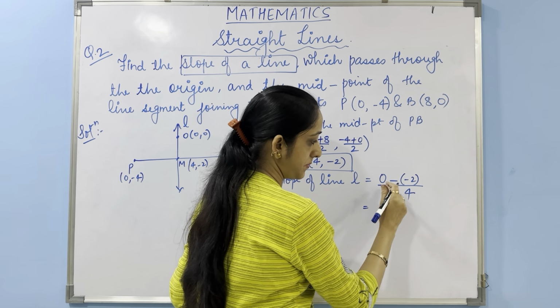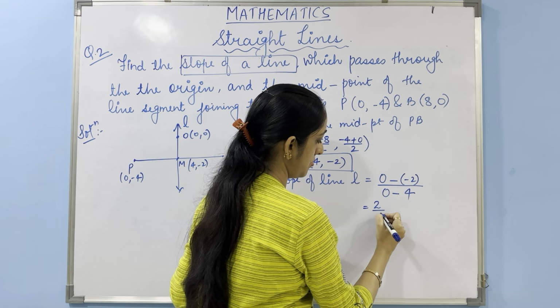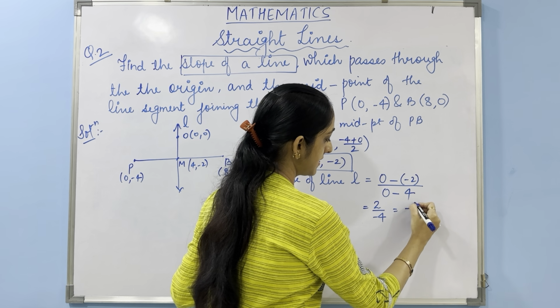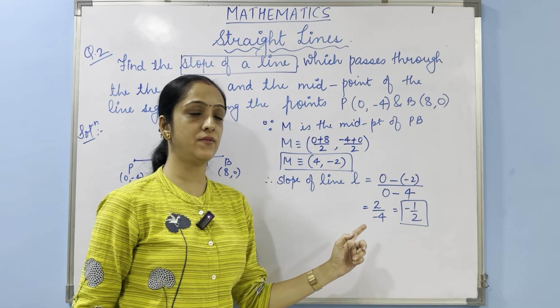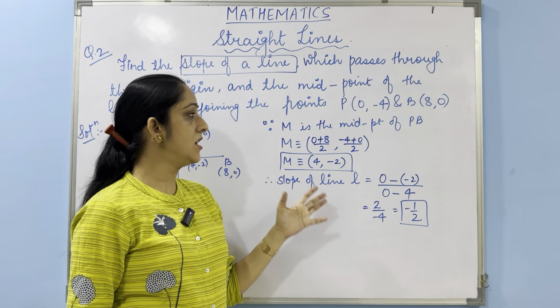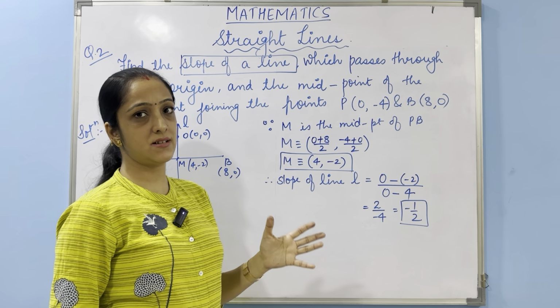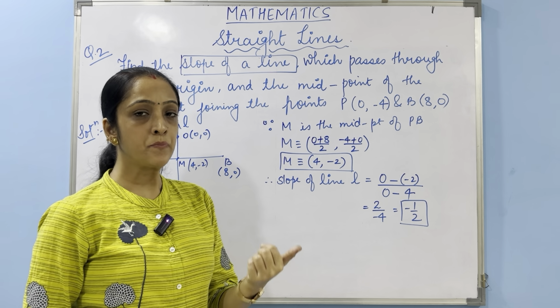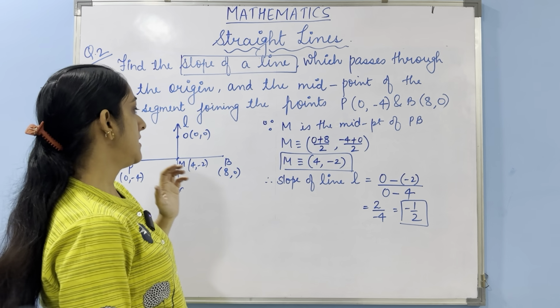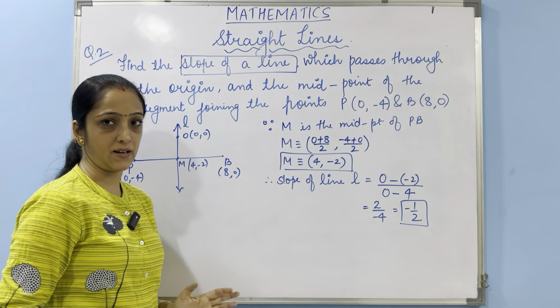If we simplify this, we simply get 2 upon minus 4, which is minus 1 by 2. So this is how we can find the slope in this case, where out of these 2 points, 1 point is given directly, but another point is the midpoint of the line segment.